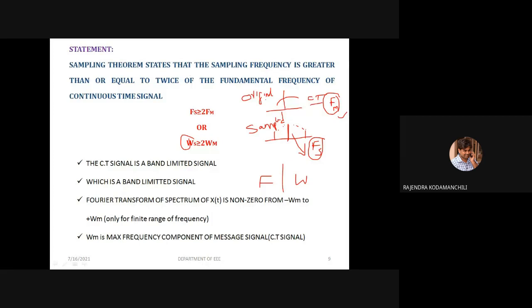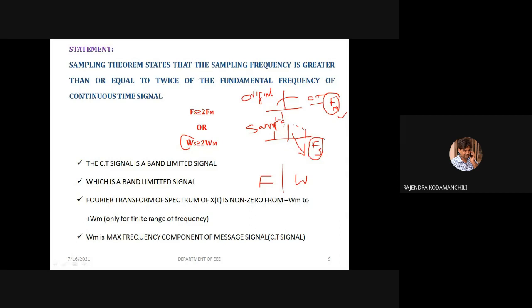Now, when the continuous time signal is converted to a discrete time signal, that signal is used to reconstruct the original signal, which is the continuous time signal, without losing any information or data. That is called the sampling theorem. The original signal frequency is fm, and the sampled output frequency is fs.